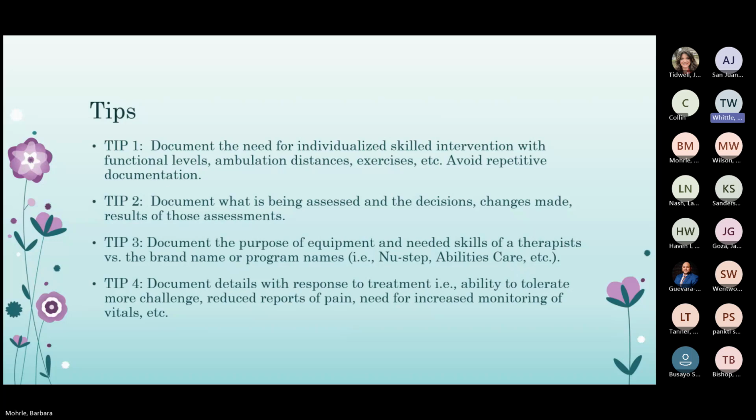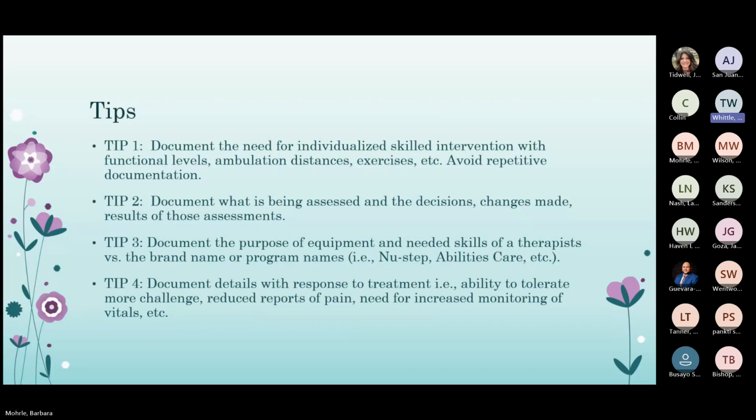Are you upgrading or downgrading the task based off of their O2 level being lower that morning, or how did you modify the environment to make them more successful during that intervention? Tip number three, make sure you're documenting the purpose of the equipment and the need of a skilled therapist versus using a brand name or a program, right?